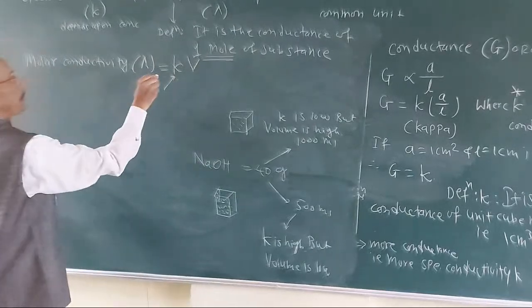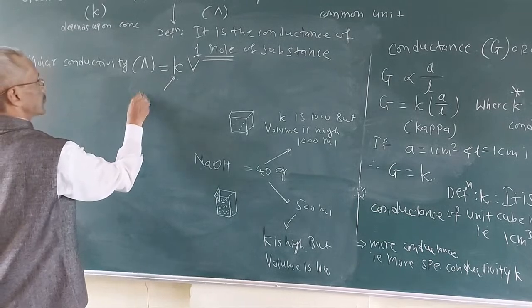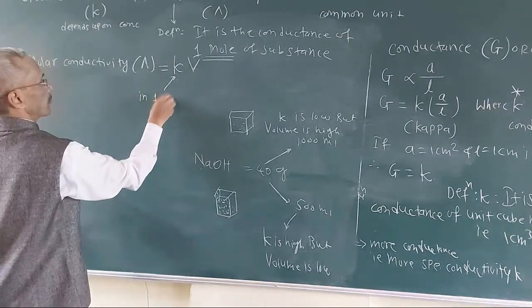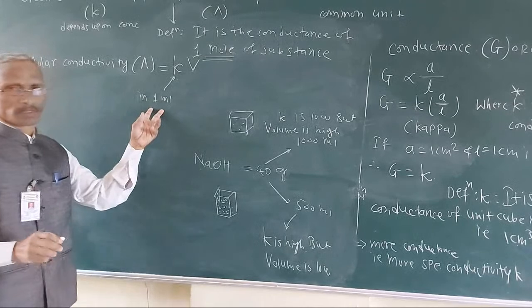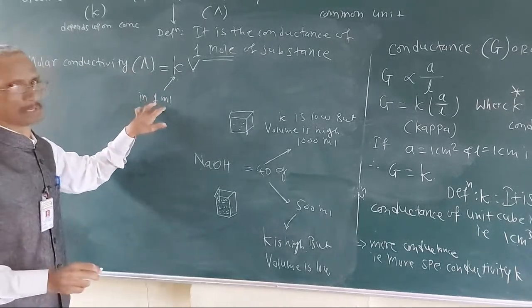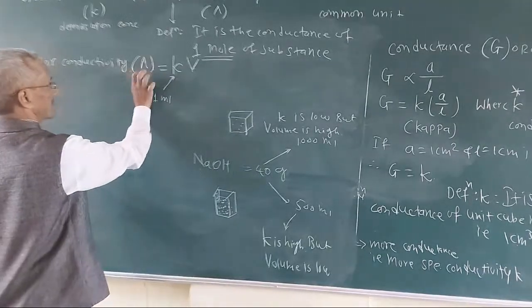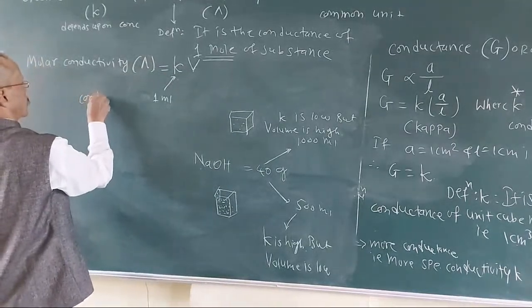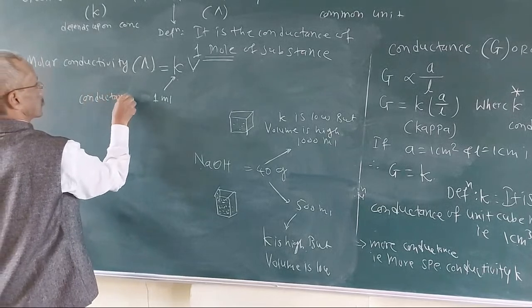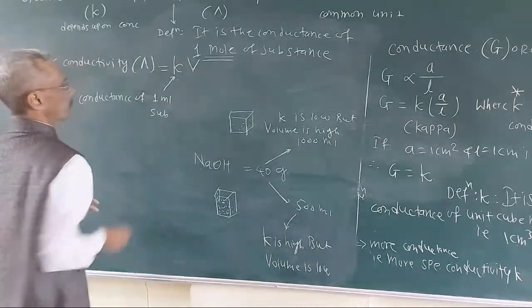This is the specific conductivity, and it is in 1 ml. Whatever ions there are, they are in 1 ml of solution. That is the conductance of 1 ml of the substance, of the material.